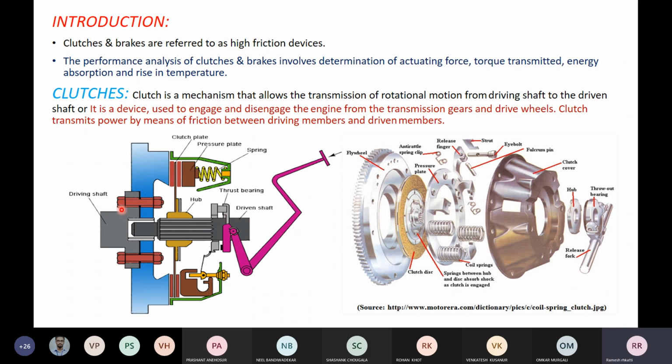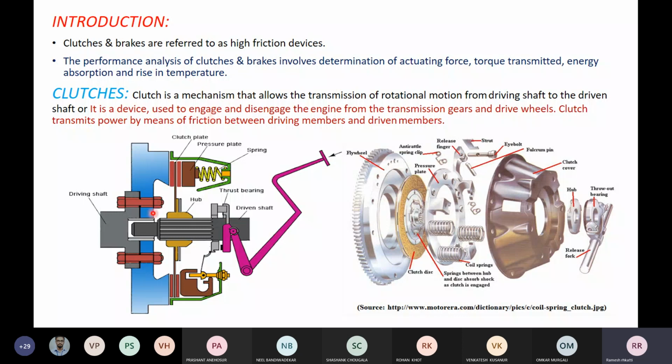When I talk about the classification of clutches in detail, I will explain what we mean by engaging and disengaging.